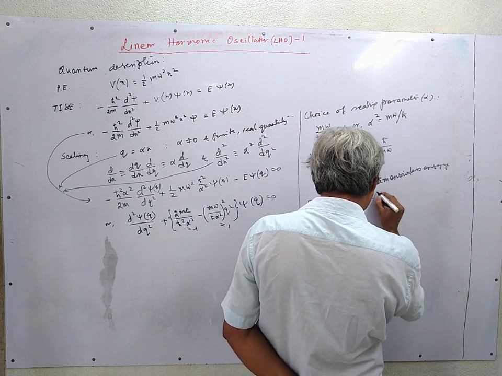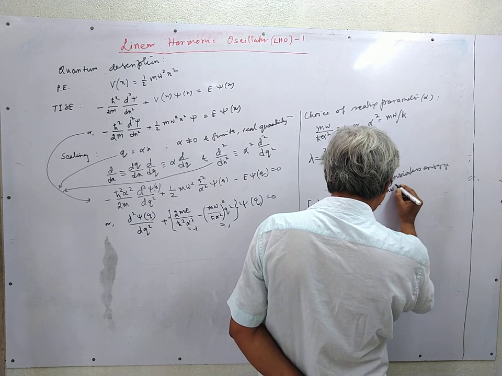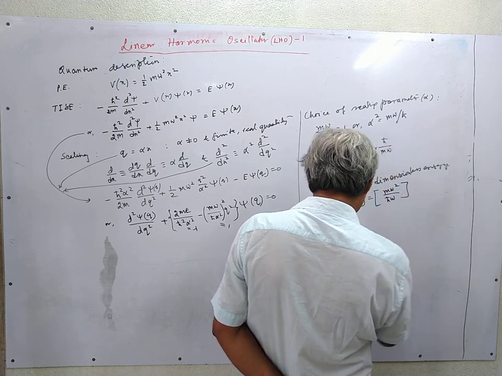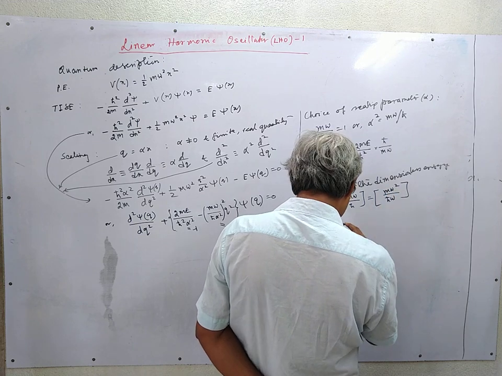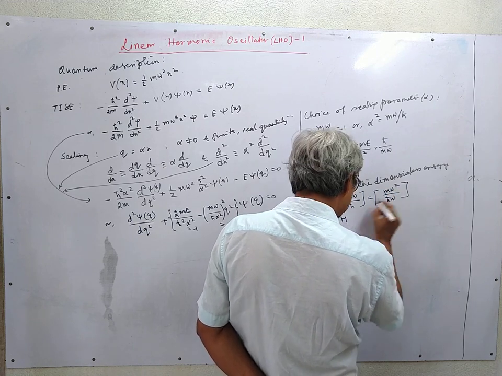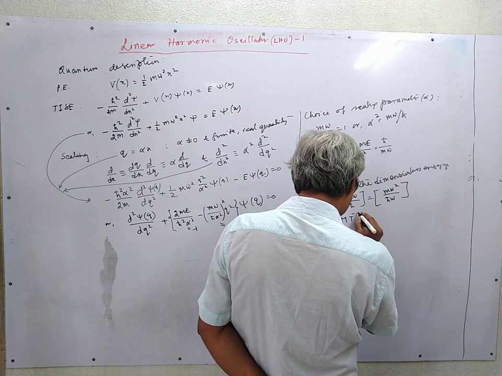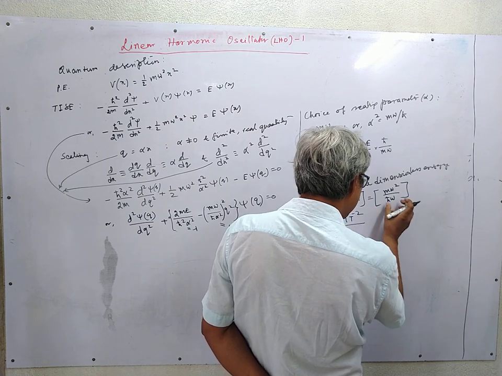The dimensional analysis gives m omega squared over h-bar omega. This is energy, so it is m for mass, omega has inverse of time so this is minus 2, and this is energy.